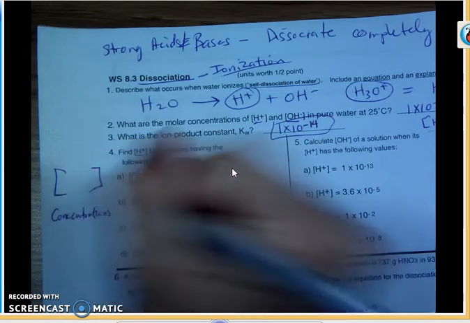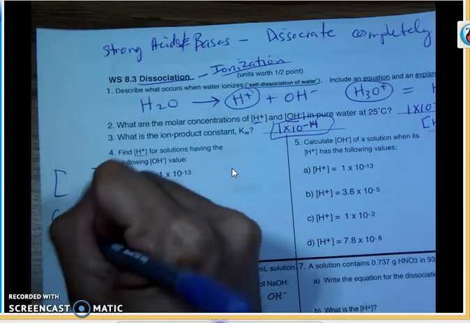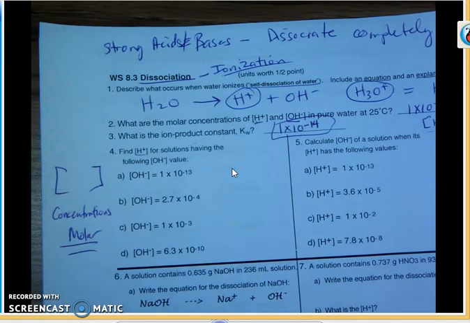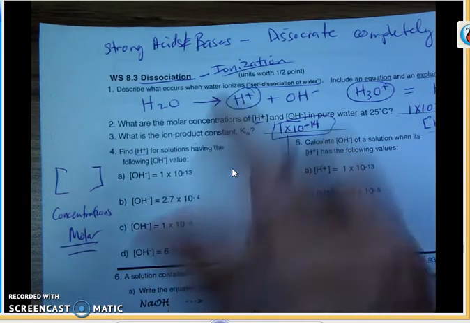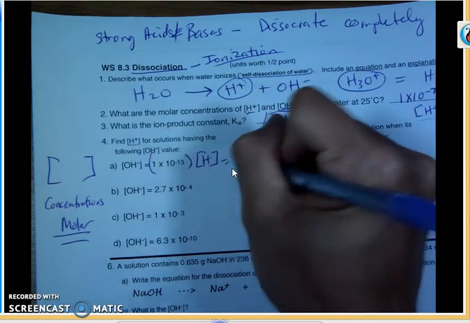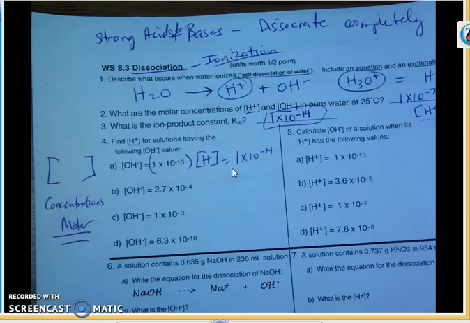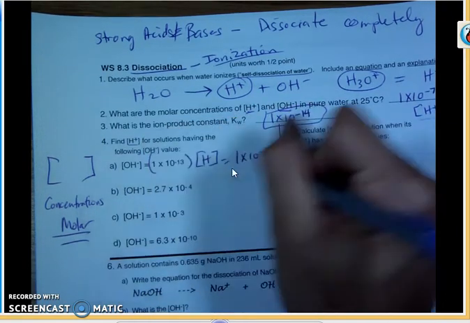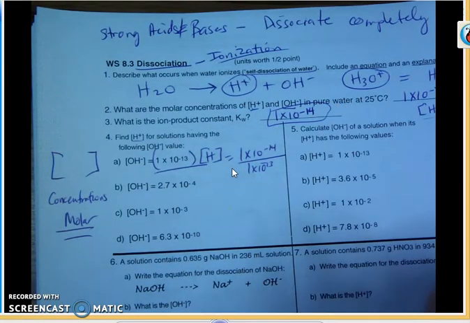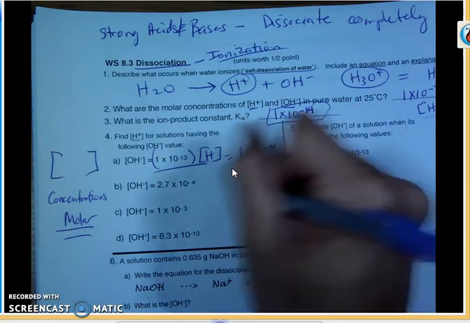In the last unit, the solutions unit, concentration is molarity, moles over liters, with the unit capital M. So the concentration of OH times the concentration of H gives you 1 times 10 to the negative 14. So you take 1 times 10 to the negative 14 divided by 1 times 10 to the negative 13, and you get your H plus.